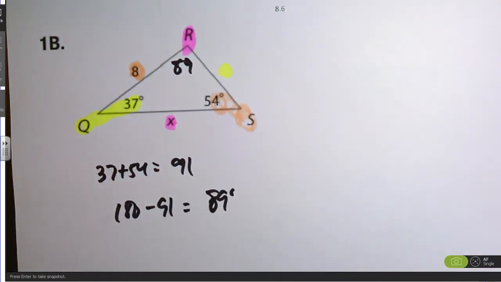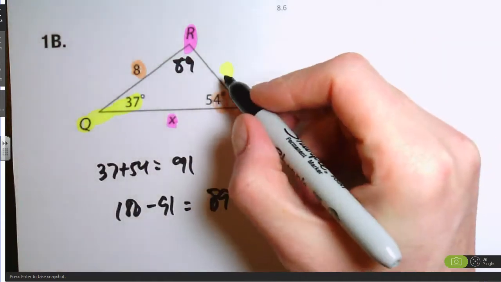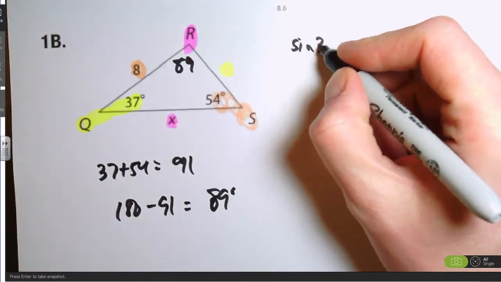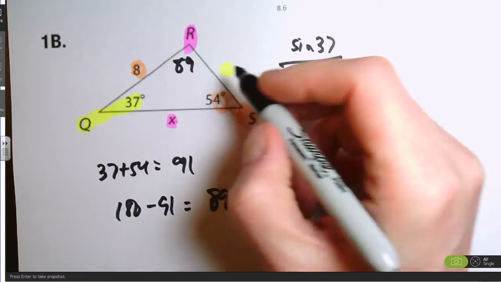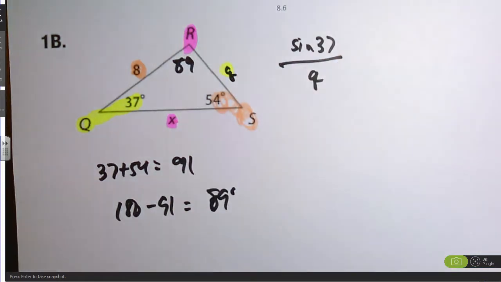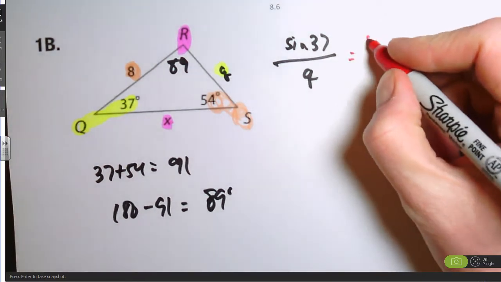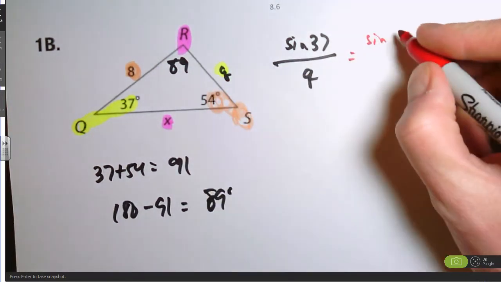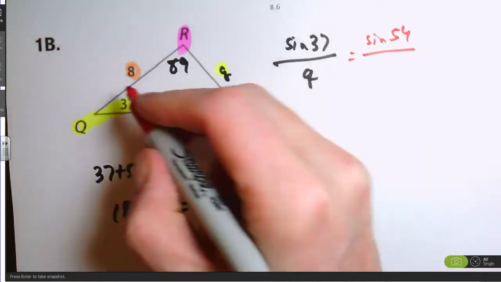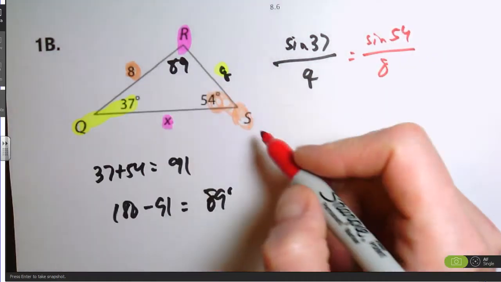So now I can set up my proportion. Sine of angle Q over whatever, I'm going to call it q because I don't have a measurement for it, equals sine of angle S, which is 54 degrees, over 8, because that's what S is opposite.